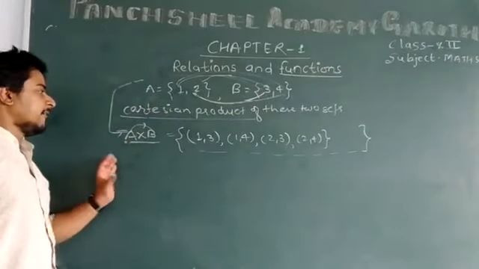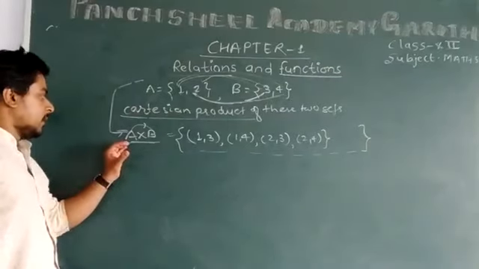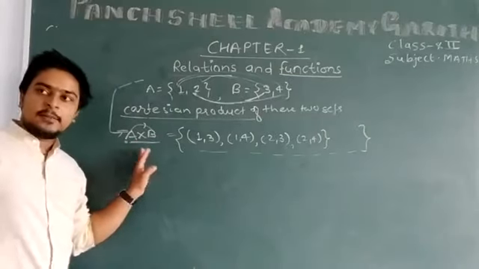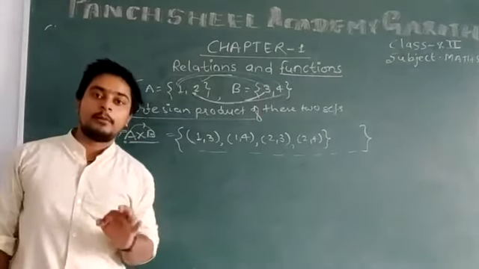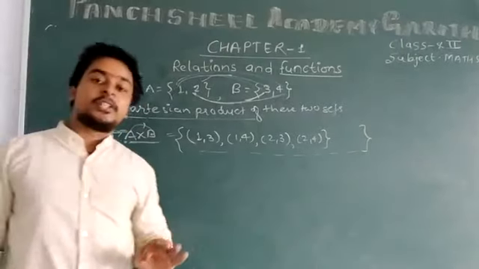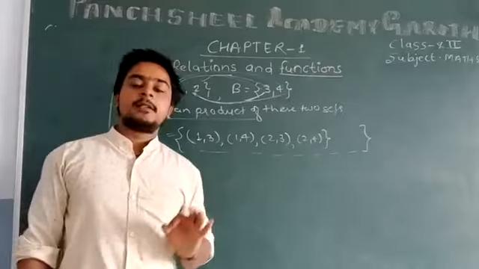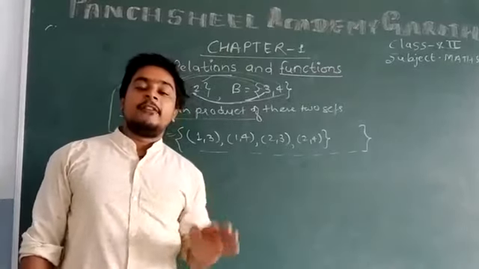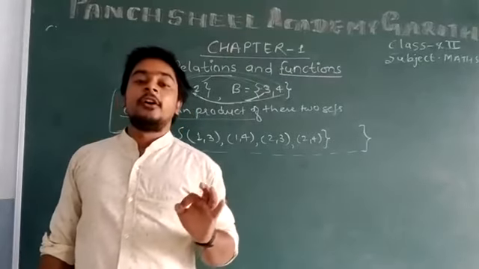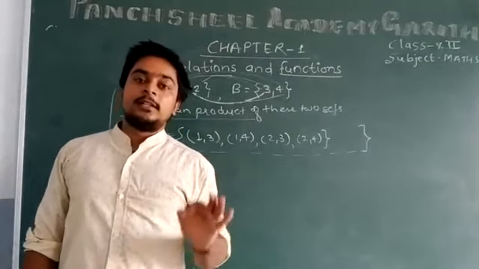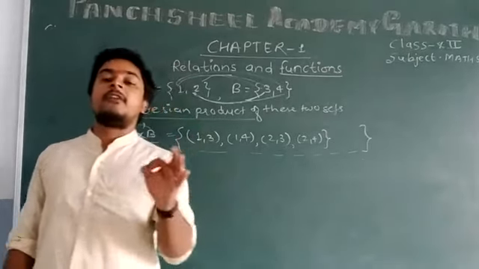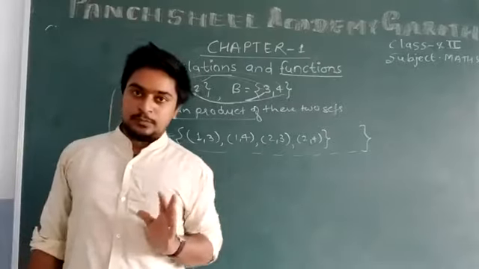As we have read about the Cartesian product of two sets, the Cartesian product of two sets is an important contribution to defining a relation, because we know that for defining every relation we have at least two quantities, two things, two persons, whatever we want, that is two.